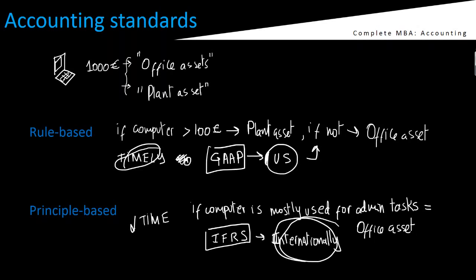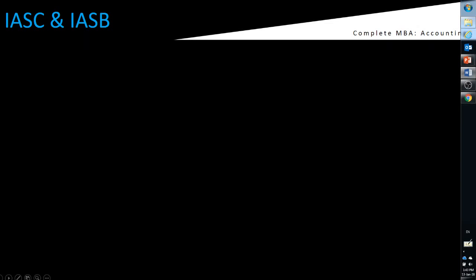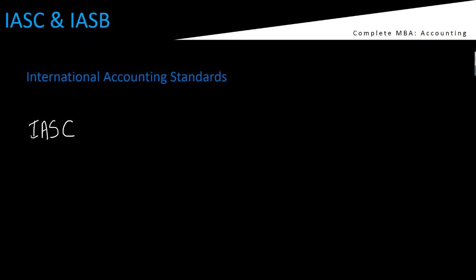Now that you understand the different standards, let's explain a little bit more about one of them, the International Accounting Standards. The International Accounting Standards are made by two different boards or committees or bodies: the International Accounting Standard Committee and the International Accounting Standard Board.